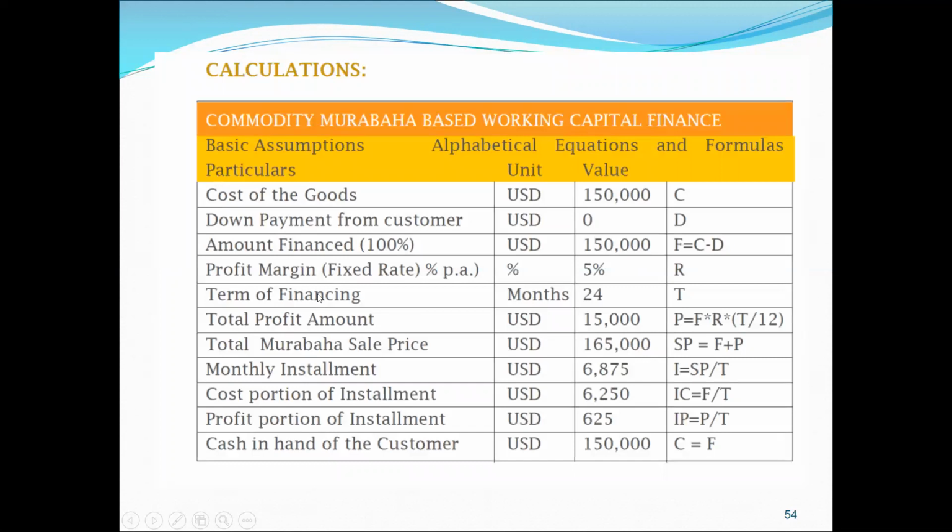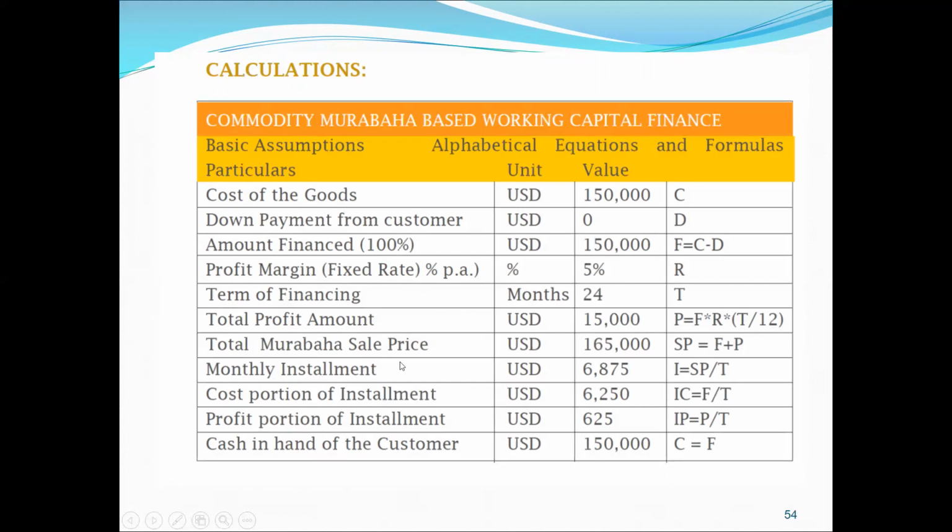There will be a fixed profit margin of 5%. The finance term will be 2 years on a monthly basis, which is 24 months in total. So the total profit amount will be $15,000, which is 5% of 150,000.